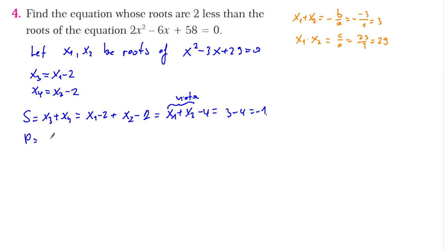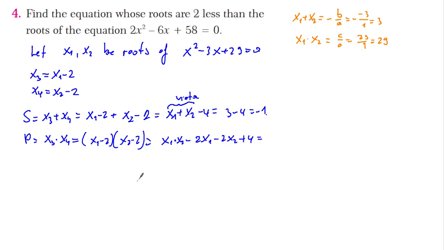And the product would be x3 times x4, which is (x1 minus 2)(x2 minus 2). That makes x1 times x2 minus 2x1 minus 2x2 plus 4, just multiplying here.